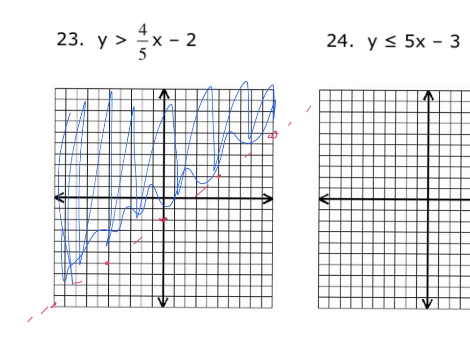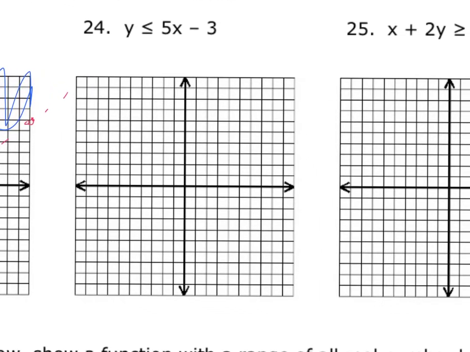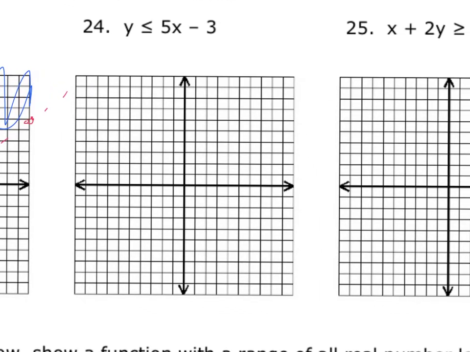Number 24. Y is less than or equal to 5x minus 3. We're going to start at negative 3, and 5x means going up 5 and over 1. So that's going to be here. Up 5 more, over 1. And I'd run out of space up, so we'll go down now.